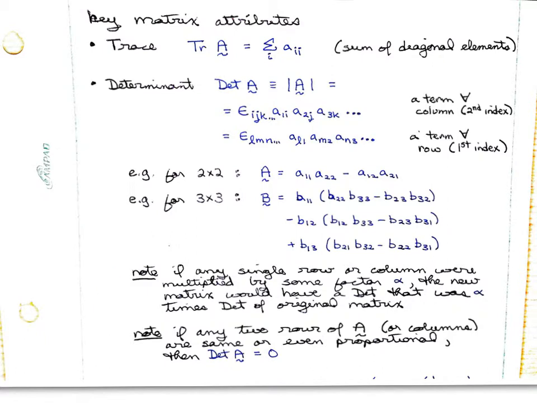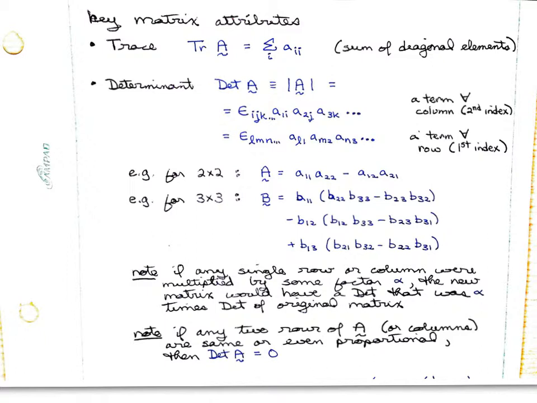A second thing that is true and is extremely useful is that you can see from this form of the determinant that if any two rows or any two columns of the original matrix were the same as one another, then because of the epsilon, that would mean the matrix had determinant 0.